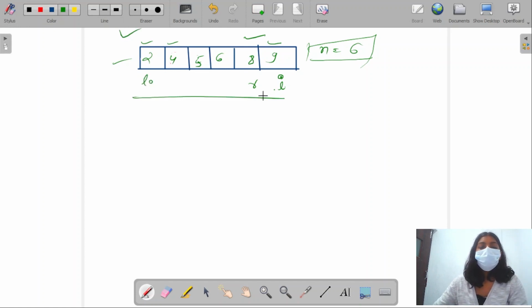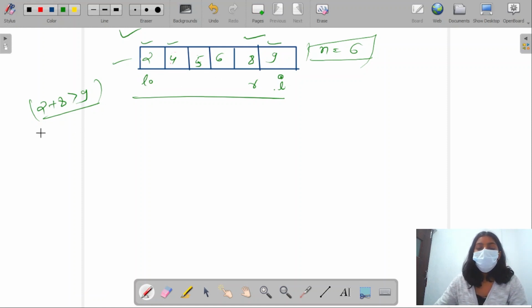Now I check, are these 3 sides forming a triangle or not? So let's see. 2 plus 8 is greater than 9, right? It is, so I can say yes, these sides are forming a triangle.